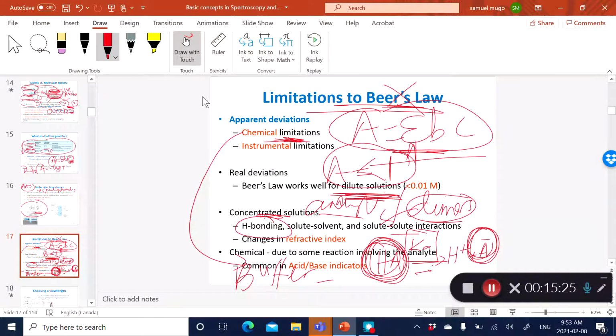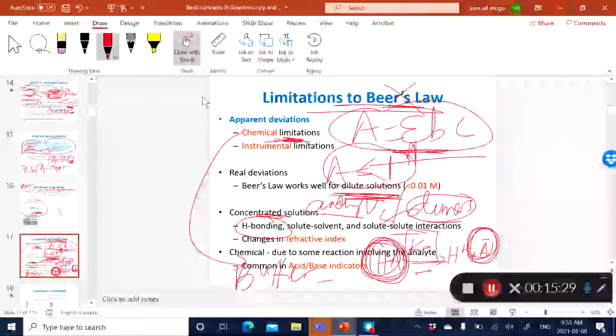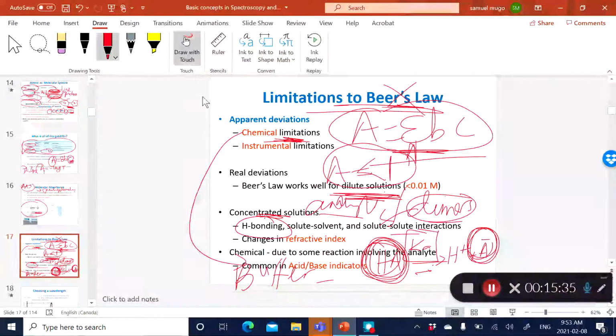Okay, make sure you add a buffer, so that you do not have that kind of equilibrium transition, or at least, it's constant. The equilibrium transition is constant for standards as well as the analyte. So take note of those things that are very, very important, because they completely affect your results for absorbance spectroscopy when you're dealing with those types of situations.